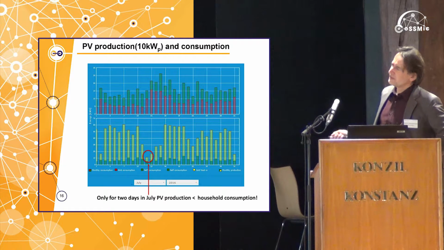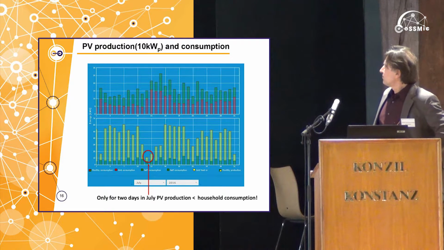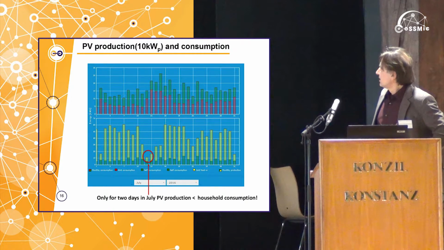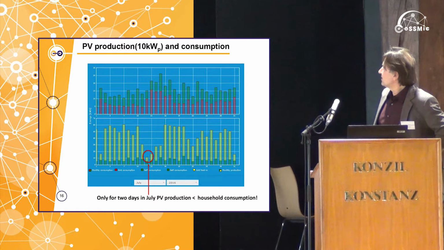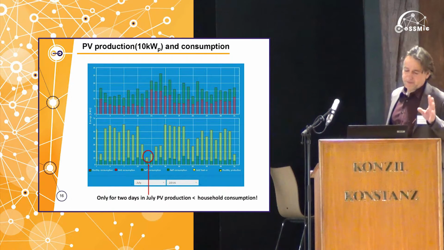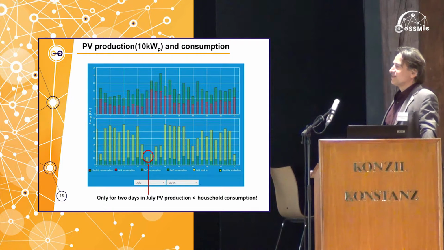In July, I have to say, yes, in July, because it fits quite well, it is much more than self-sufficient. Here we have a 30 kilowatt hour line, and here's also the 30 kilowatt hour line. That means we produce on the bottom, yes, maybe I have to slow down.